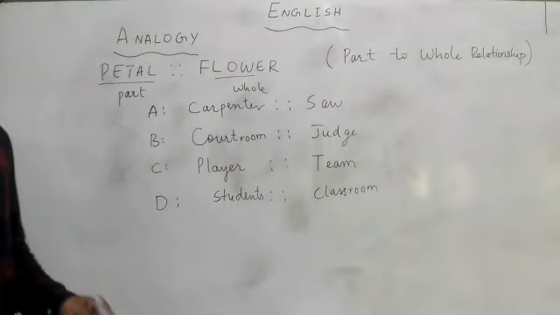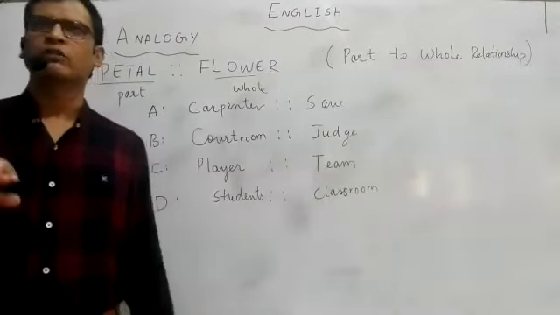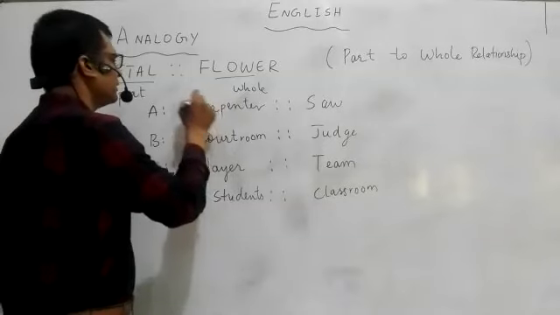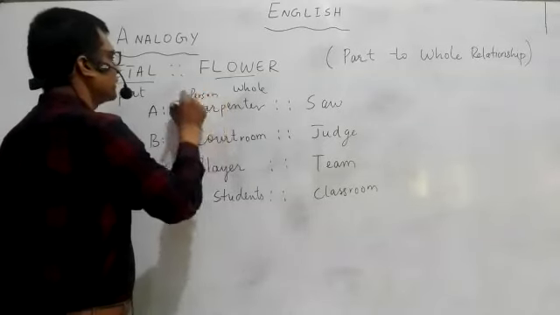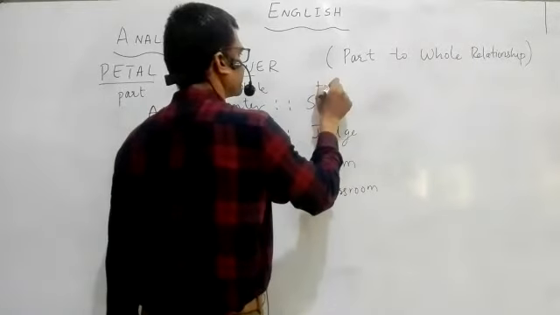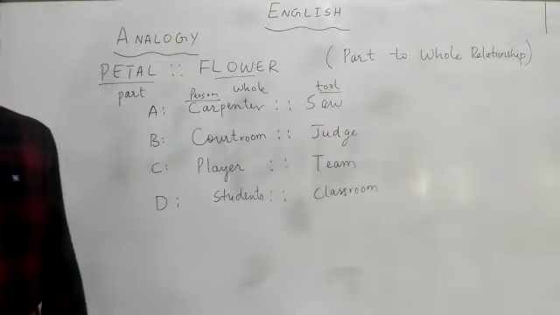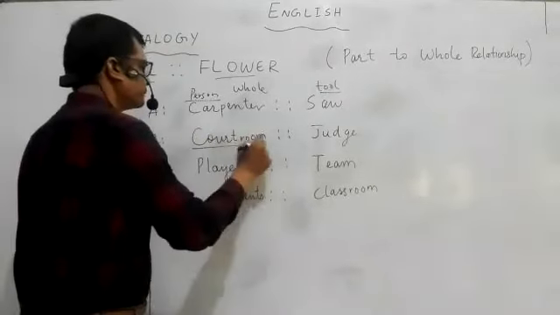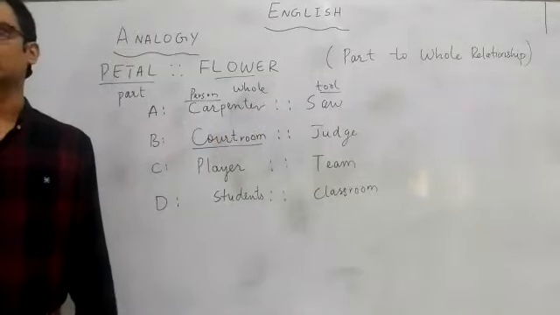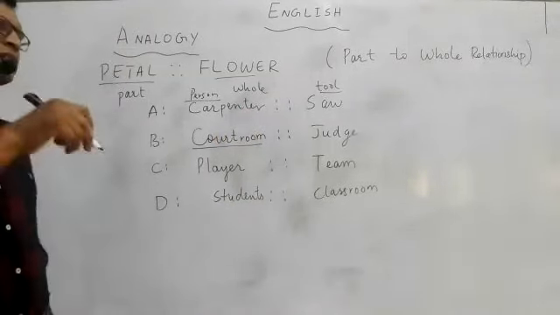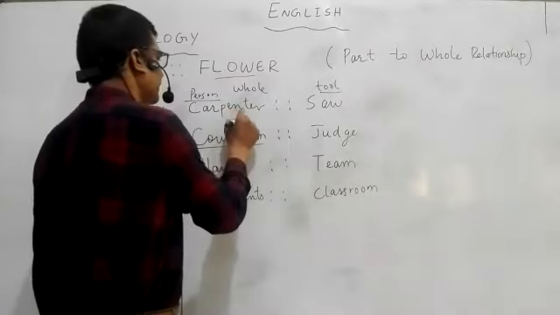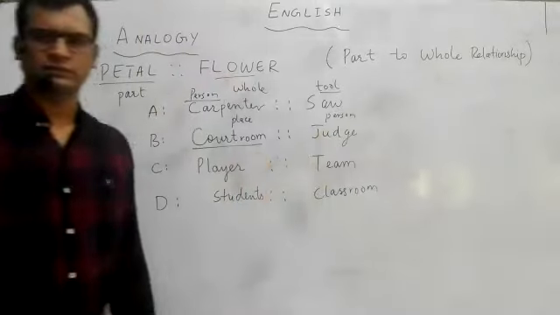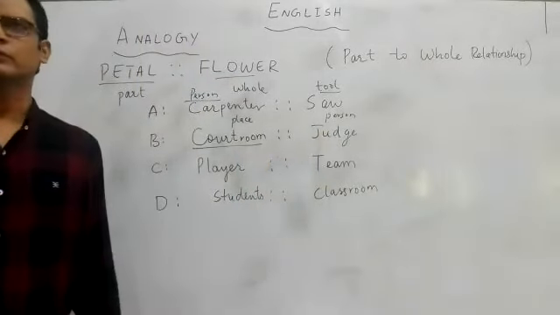Can we say that carpenter is a whole and saw is part of him? Of course not. This is a person, an individual. So a person and saw is a tool. So in no way are they a kind of part of whole. Courtroom and the judge, again, courtroom is a place and judge is again a person. So we have a place and a person. We can't say that judge is a part of courtroom.